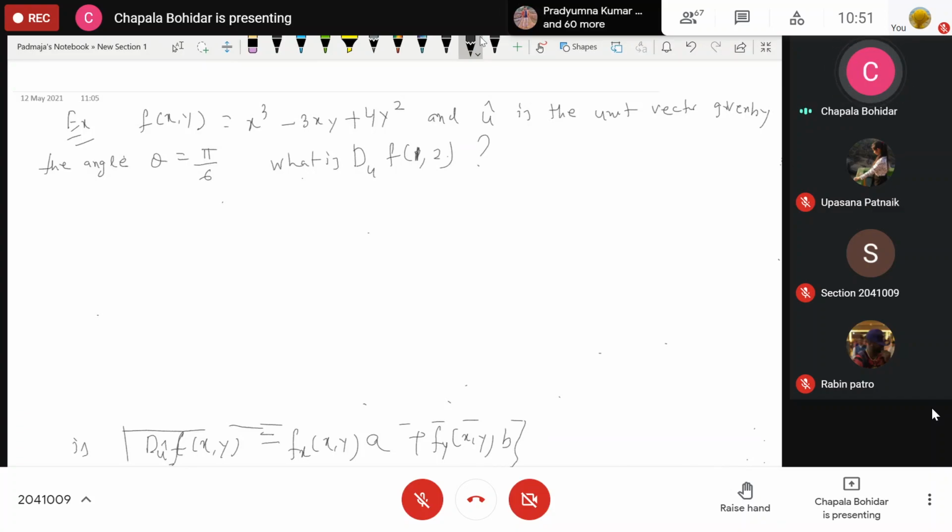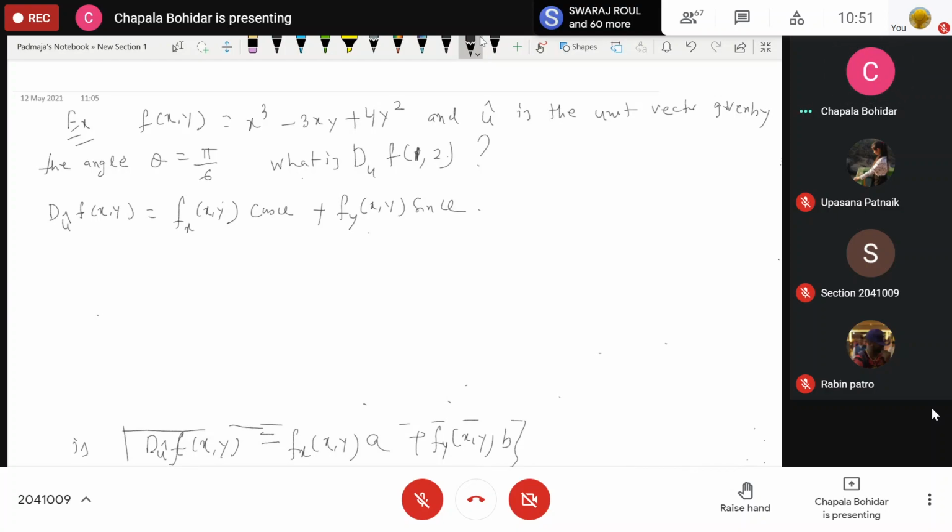What do you write down? It is written here. Though the angle is given, we can put the value A as cos theta and B as sin theta. Do it yourself.